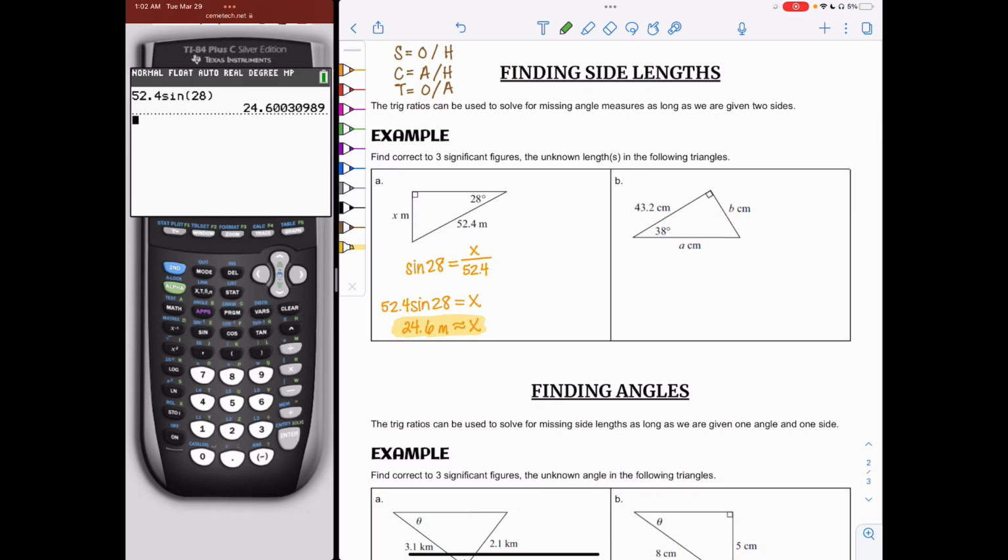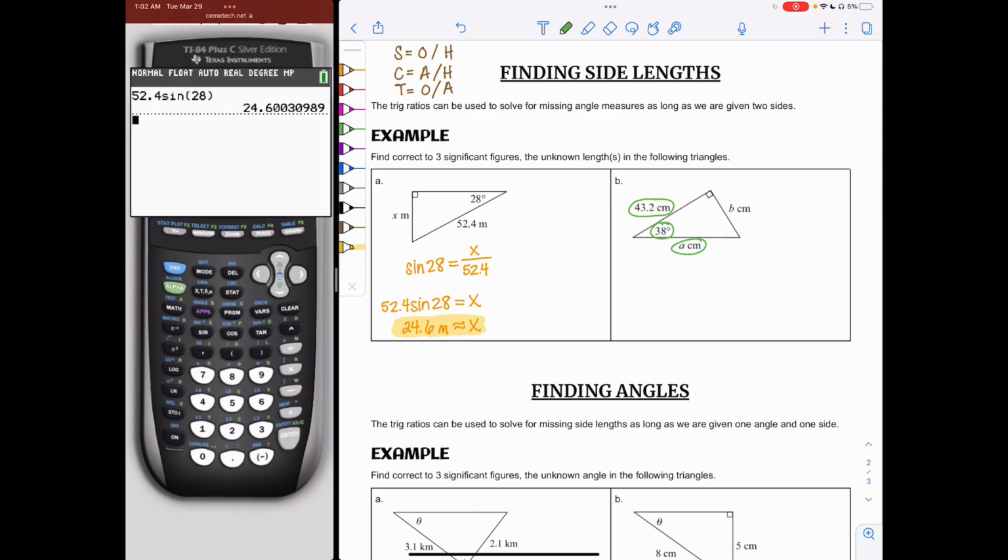So I'm going to write an equation for side A first, and then write an equation for side B. So if I look at side A, I have the angle 38. I have A, which is the hypotenuse, and then 43.2, which is going to be the side that is next to the angle, which is adjacent.